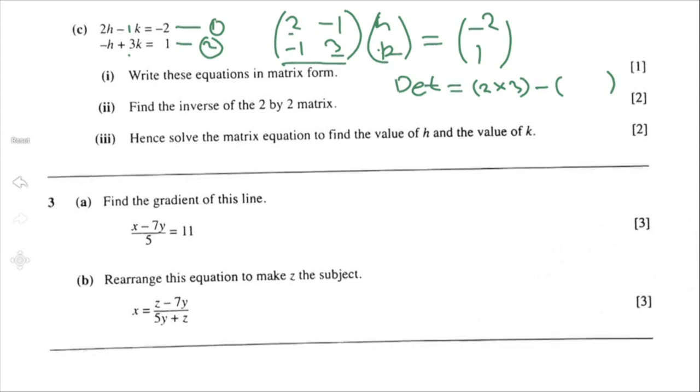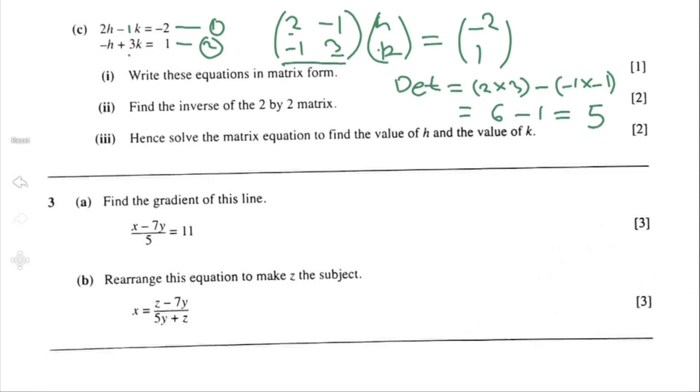So in this case, the other diagonal is -1 times -1. So those are the elements in the other diagonal. Then if you work out this, you should be able to find 6 minus -1 times -1. That's 1. Therefore, your determinant is 5.